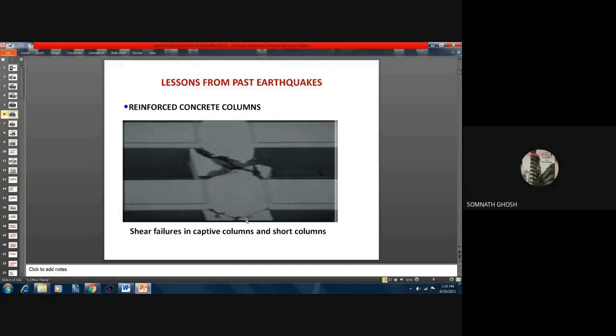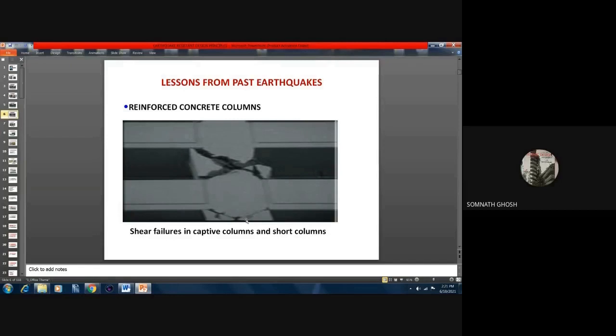You know that the stiffness of a particular column, you generally calculate by, in many situations, 12EI by L cube. Right? The most important thing is that this L cube, that means if the L is less, then the stiffness will be very high.